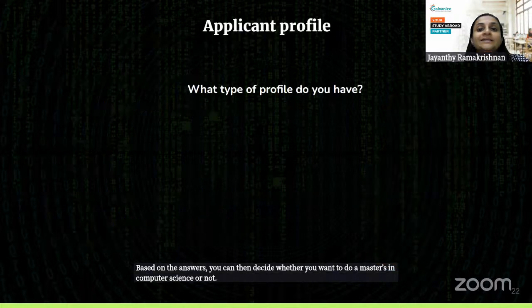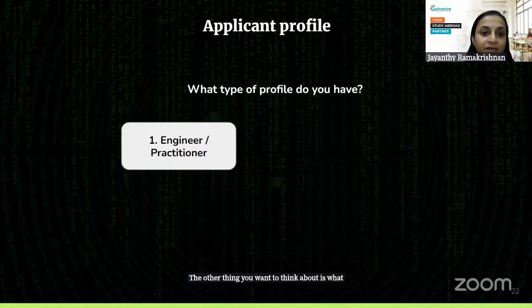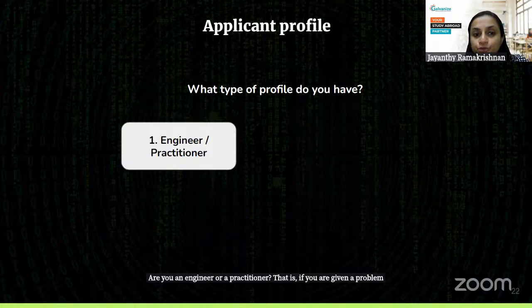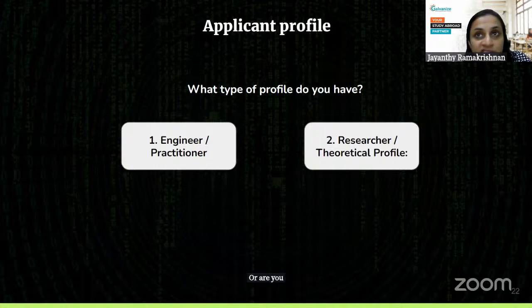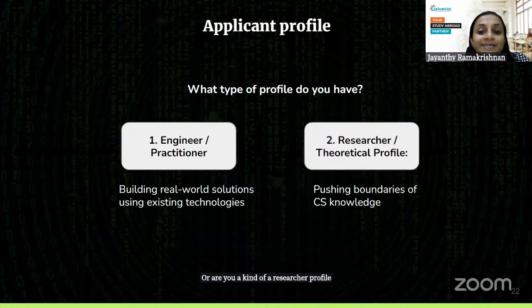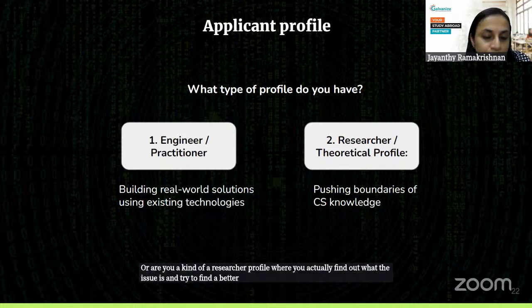Okay. The other thing you want to think about is, what type of a profile do you have? Are you an engineer or a practitioner? That is, if you're given a problem, do you just find a solution for it and implement it? Or are you a kind of a researcher profile where you actually find out what the issue is and try to find a better solution, try to come up with something new?